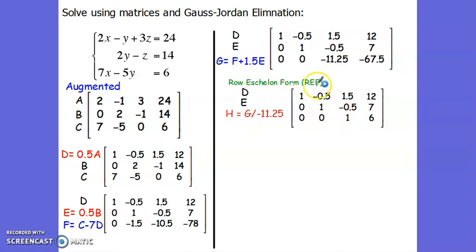Now that I've got my REF form, right, augmented matrix, what I want to do now is turn my zeros above those 1s, right? So that all of those numbers above those 1s will be zeros, and I'll have a much easier interpretation at the end.